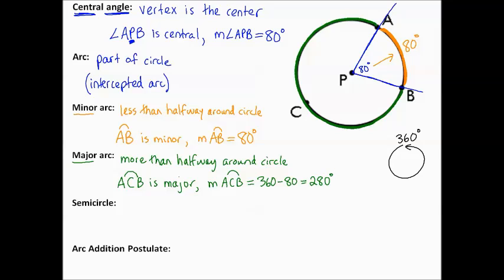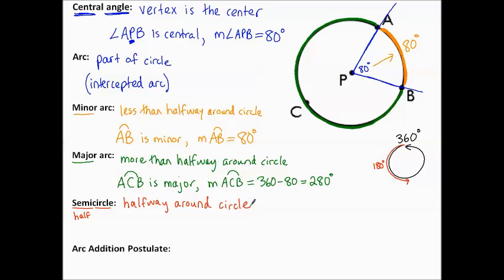How much is exactly halfway around the circle? Just halfway? 180 degrees, because that's half of 360 degrees. And that's a semicircle. Semi means half. Circle, so that's exactly halfway around the circle.